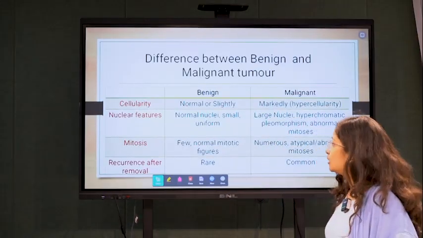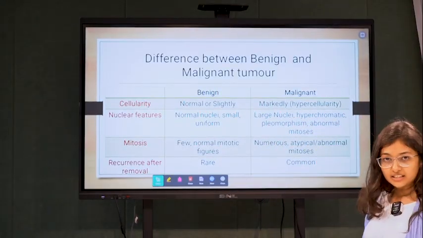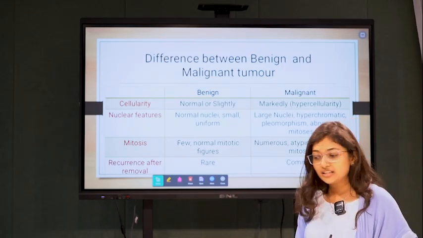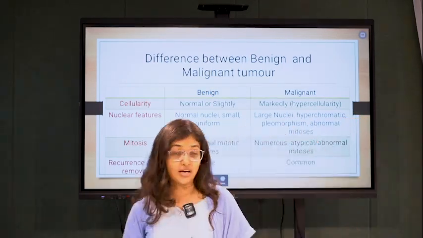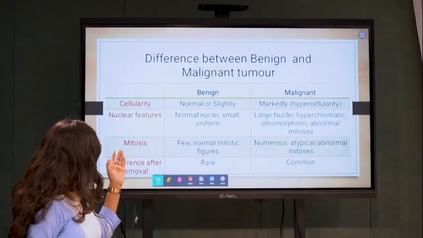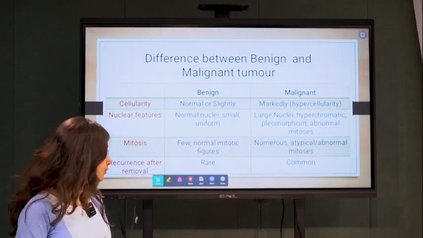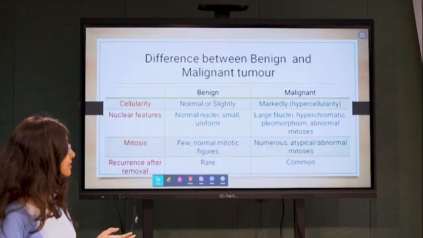The other is cellularity. In benign it is normal, and in malignant it is markedly hypercellular. Whereas in nuclear features, in benign there are normal nuclei, small and uniform. In malignant there can be differences in the size, color and shape.